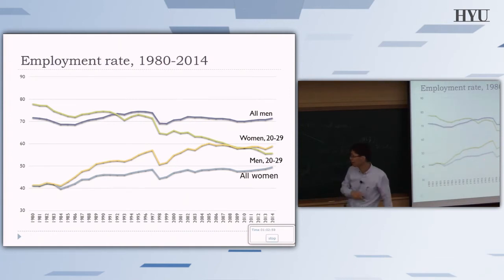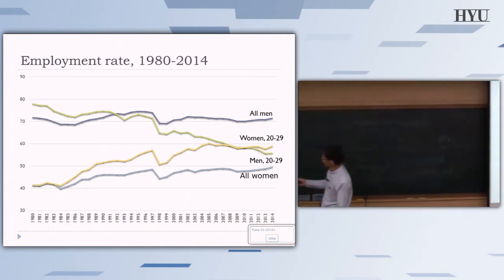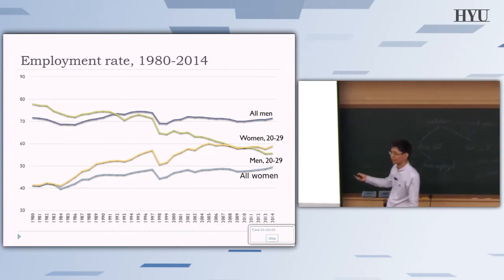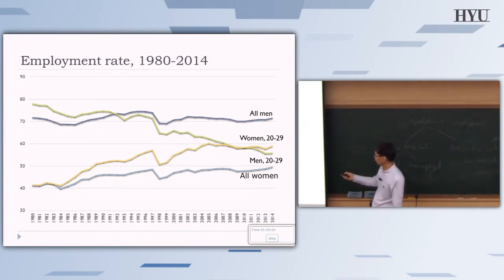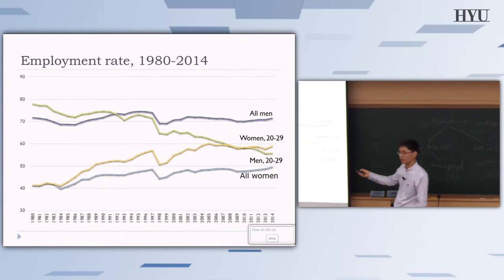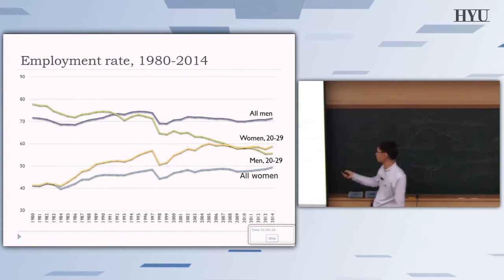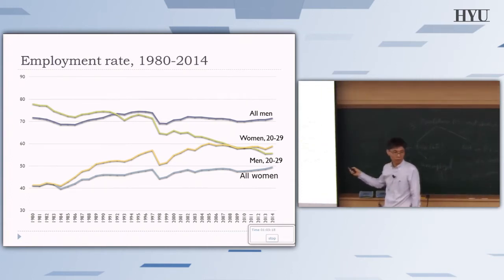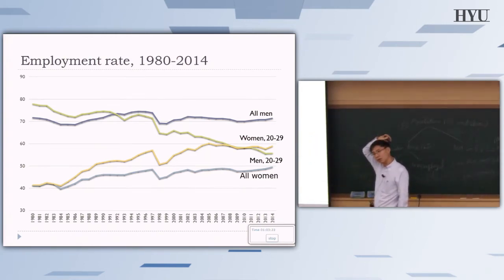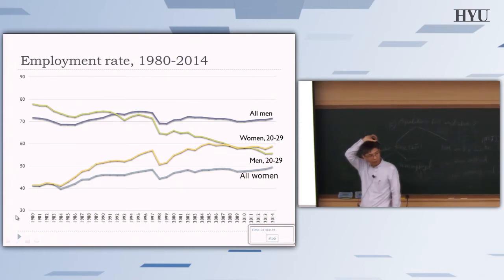Okay. And if you look at only, for example, 2000, it has been decreasing all the time, almost. So at the beginning of 2000, it's around 65%. Now it's only about 55%. So about 10 percentage point decrease in the employment rate for young men. So what's happening?